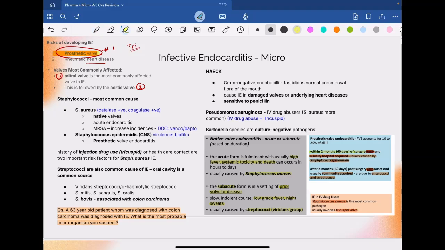So let's start by going over the bacteria that can cause infective endocarditis. First of all, we have staphylococci: Staph aureus and Staph epidermidis. Staph aureus is catalase positive and coagulase positive.